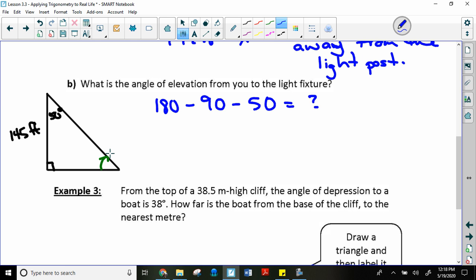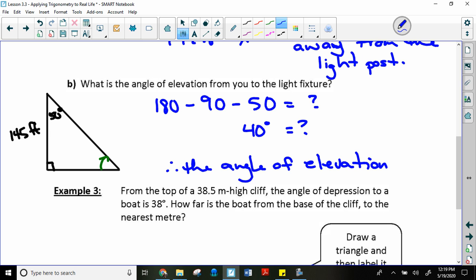So 180 minus 90 minus 50. Some people like to go 50 plus 90 and then subtract that from 180. Totally legit. 40 degrees. Therefore, the angle of elevation is 40 degrees.